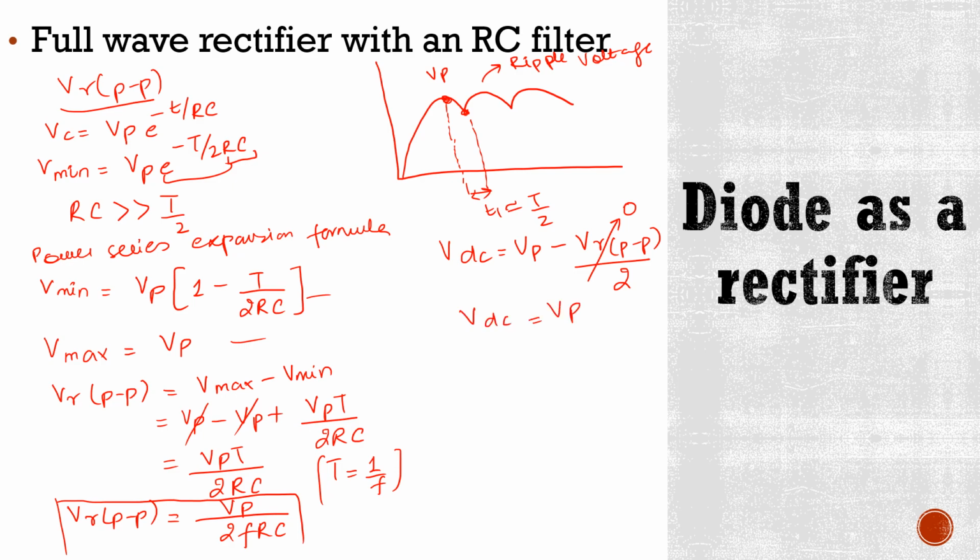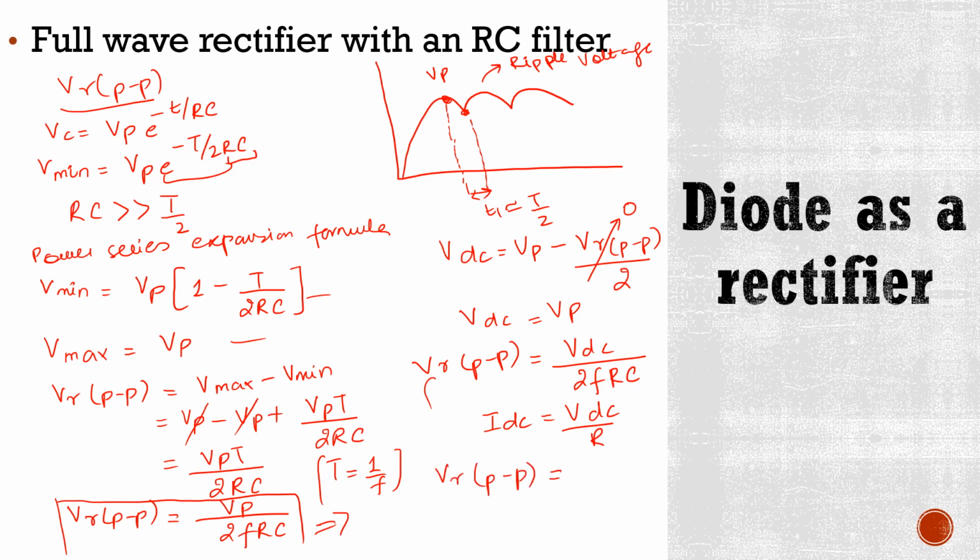Now under this assumption, this equation can be written as Vr peak to peak is equal to VDC divided by 2FRC, and we know that DC load current is equal to VDC divided by R. So now this equation becomes VR peak to peak is equal to IDC divided by 2FC.